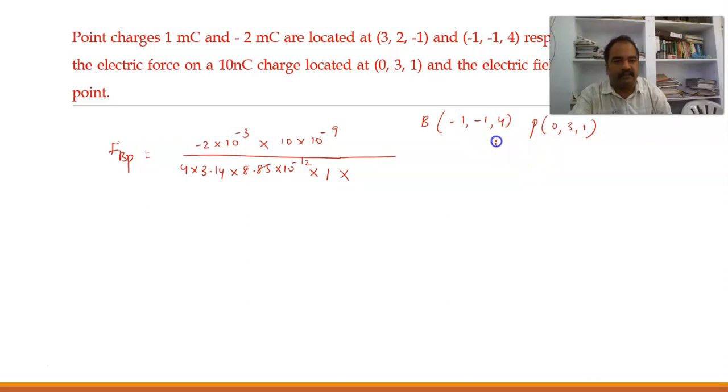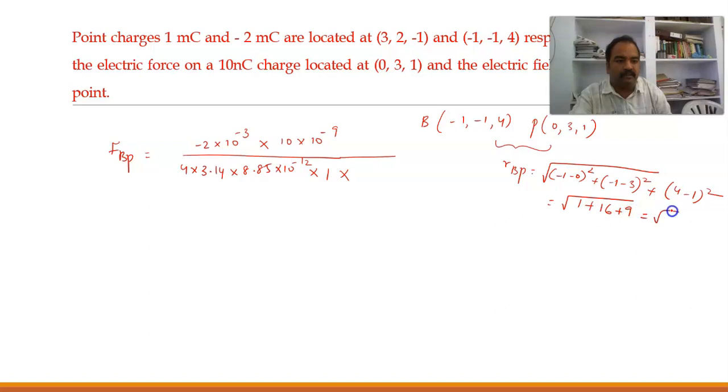The distance between these two, if you carefully see, RBP is equal to square root of minus 1 minus 0 whole square plus minus 1 minus 3 whole square plus 4 minus 1 whole square. So it is square root of 1 plus 16 plus 9. So it is square root of 26. And the unit vector along BP, it is from here to here we will take.